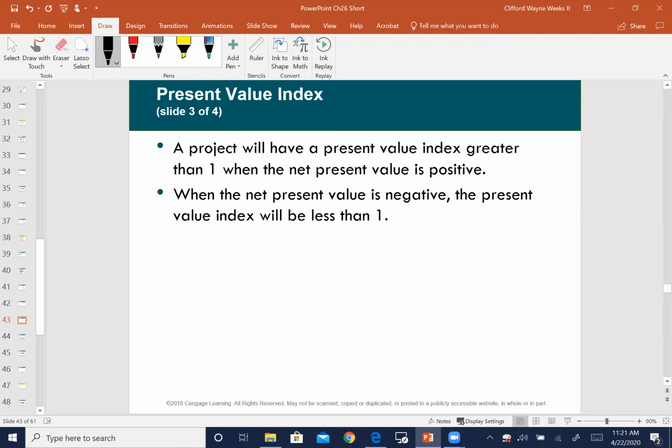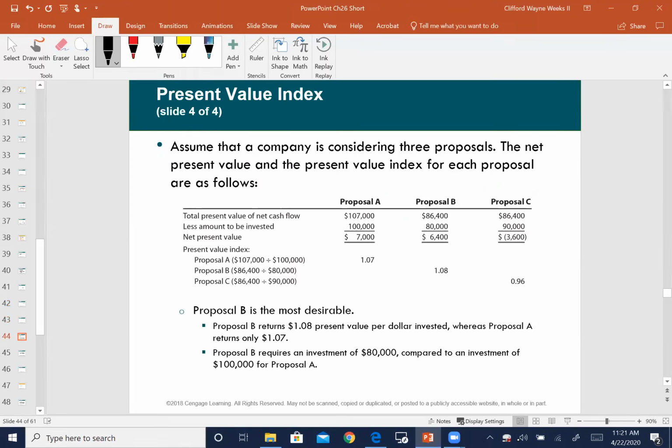And so a project will have a present value index greater than 1 when the net present value is a positive number. So I mentioned that. When the net present value is negative, then it's going to be less than 1, and therefore we would have rejected that proposal. So this one we're rejecting, because it's less than 1.